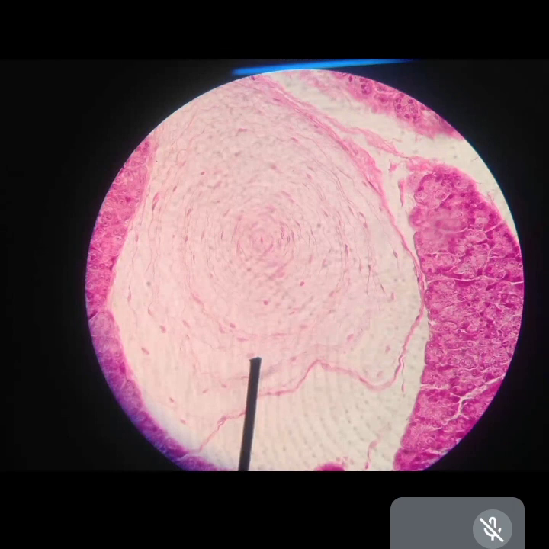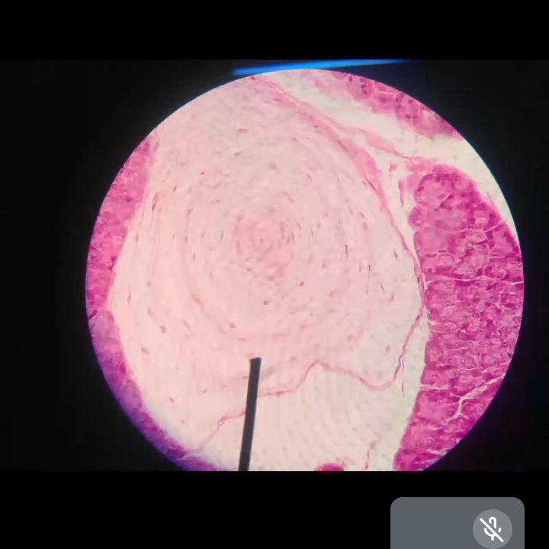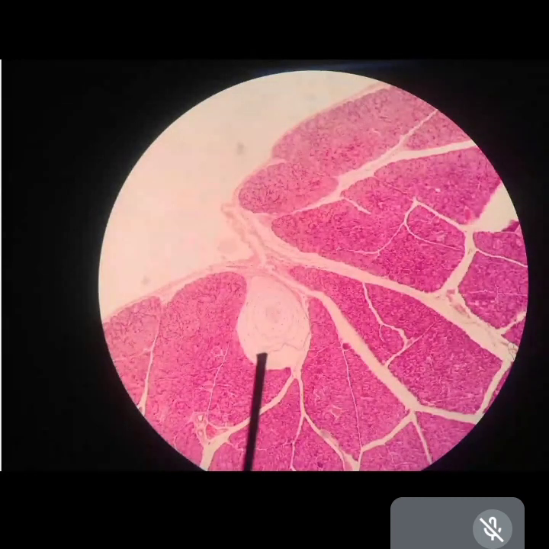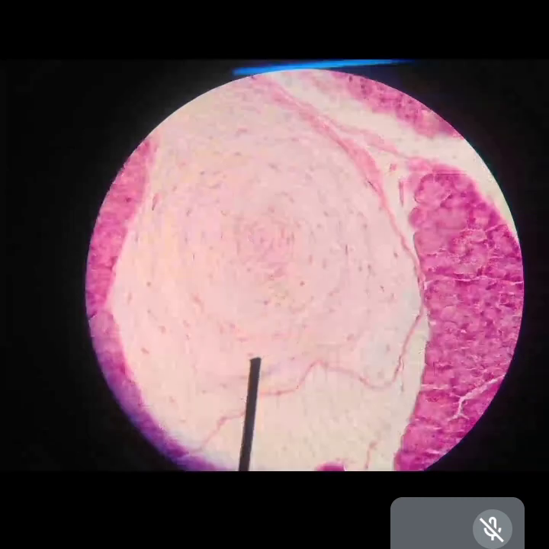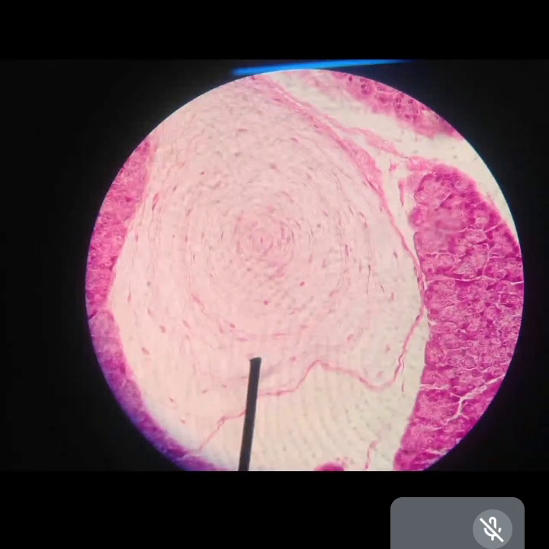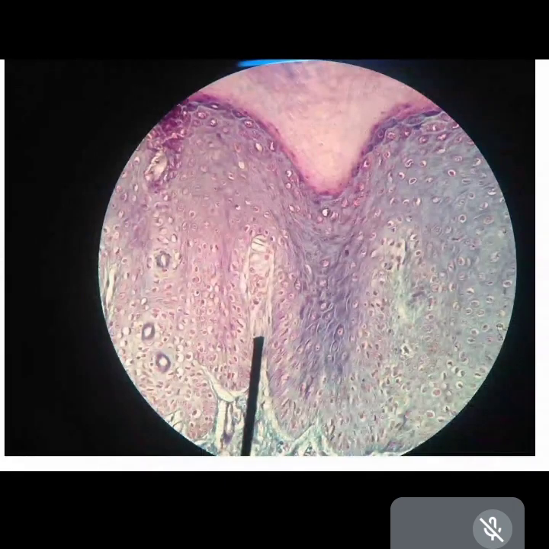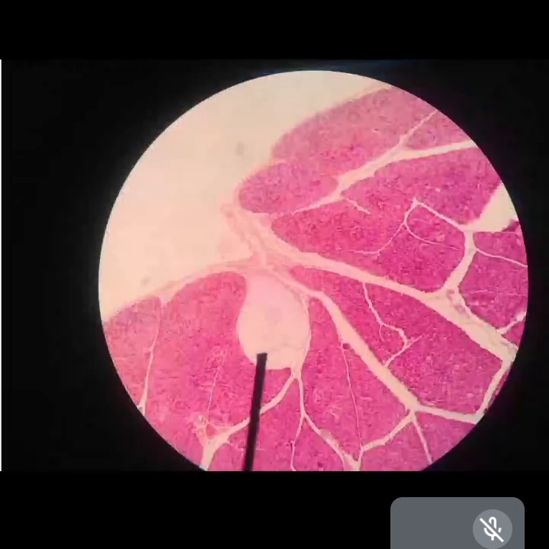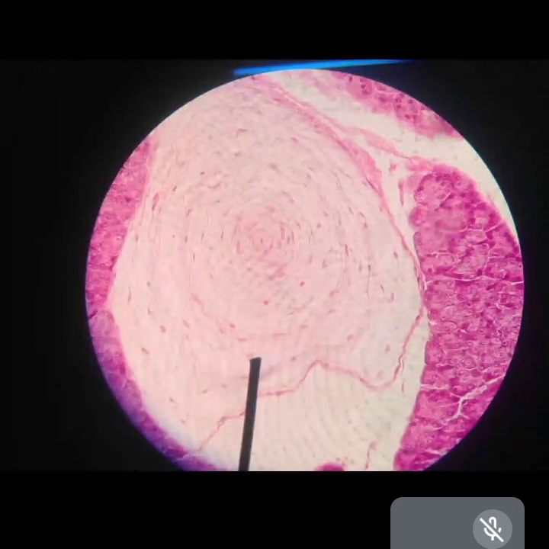It is responsible for the deep touch. It is usually located, this one is the pancreas. That is a Pacinian corpuscle. This one is a Meissner's corpuscle. So very distinct onion skin appearance.